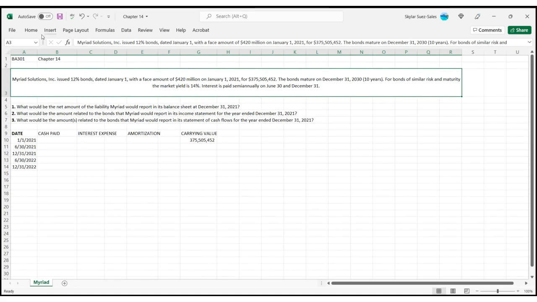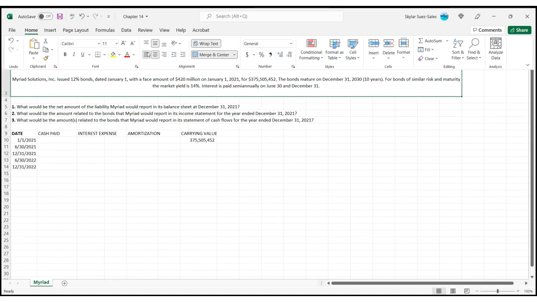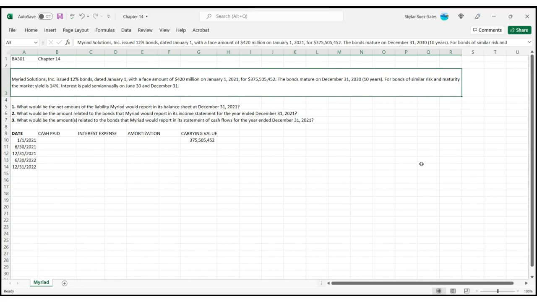All right, there we go. Okay, so we have Myriad Solutions Inc. issued 12% bonds dated January 1st with a face amount of $420 million on January 1st, 2021 for $375,505,452. The bonds mature on December 31st, 2030.